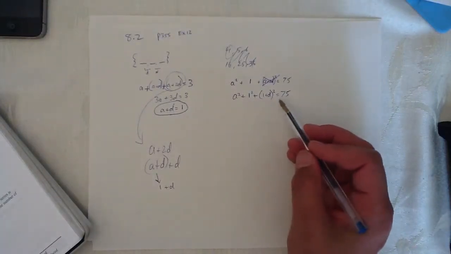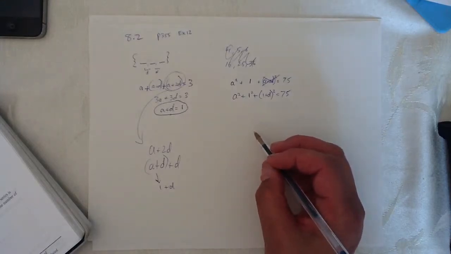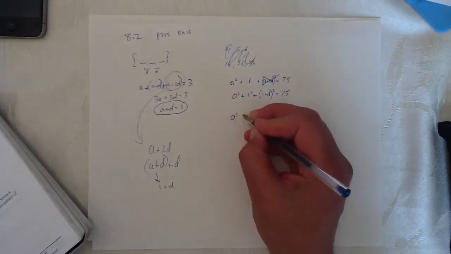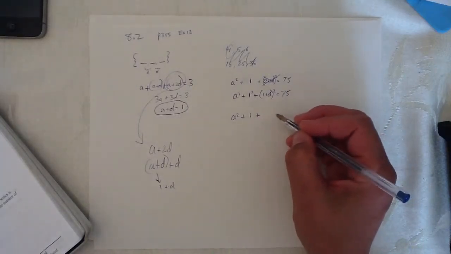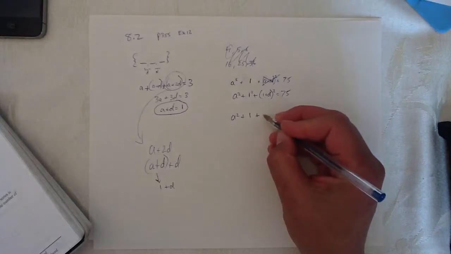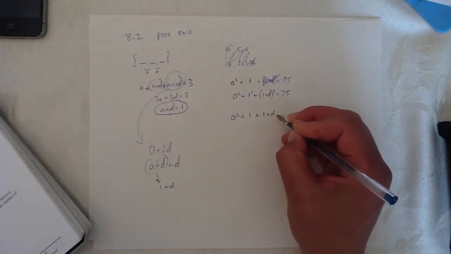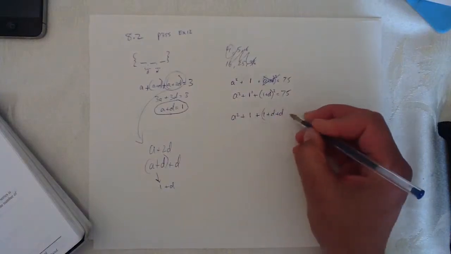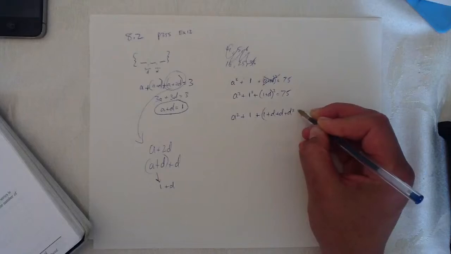So let's clean this up a little bit here. We get a squared plus 1 plus, let's FOIL this out for the sake of argument, that's going to be 1 plus d plus d plus d squared equals 75.